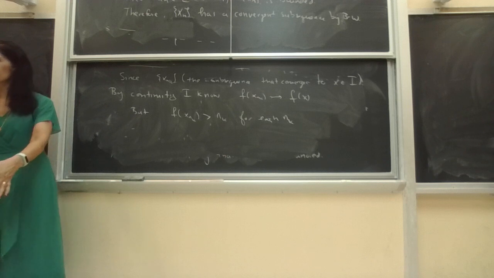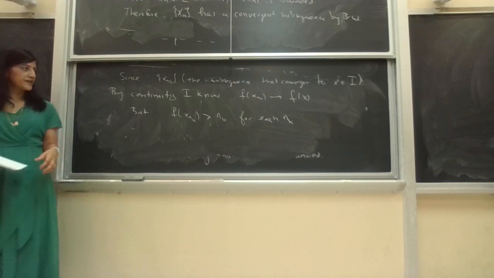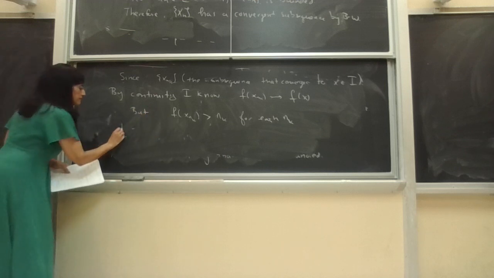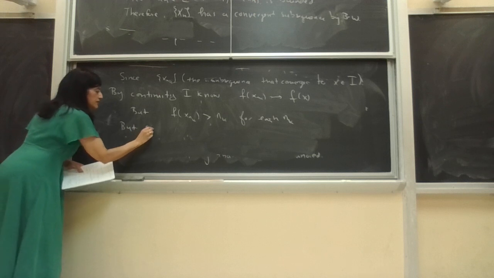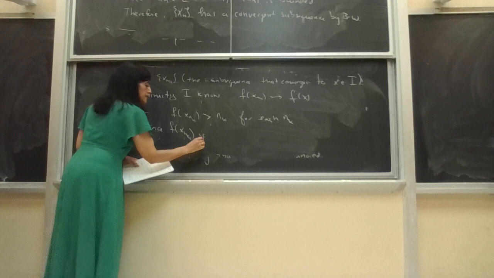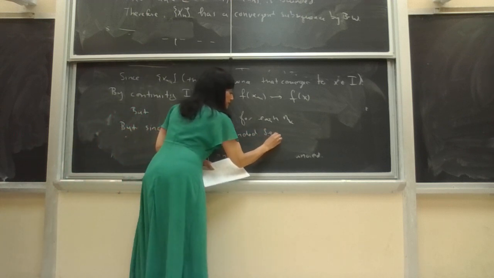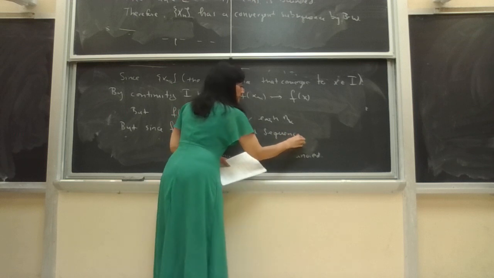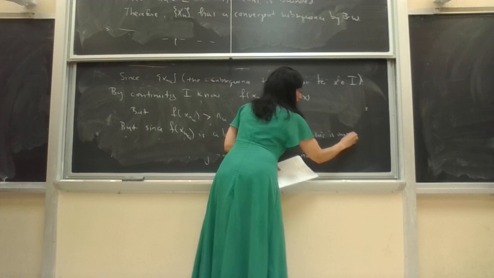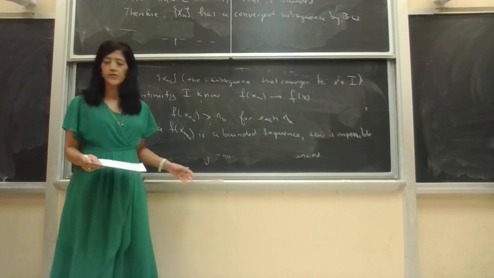How can it converge to an f of x inside the range, but be unbounded? That can't happen. You can't have a convergent sequence also be unbounded.